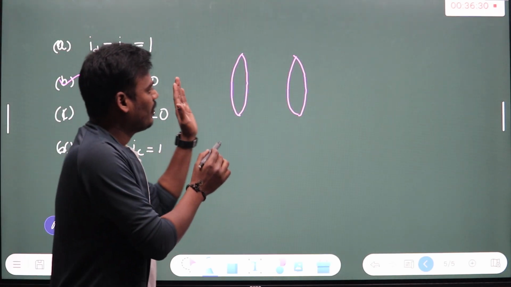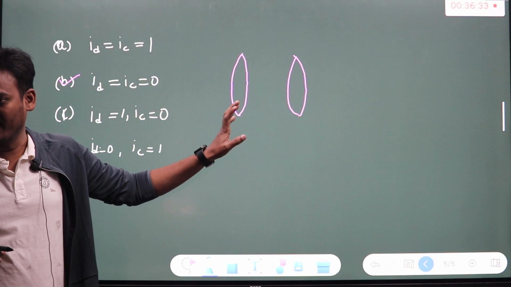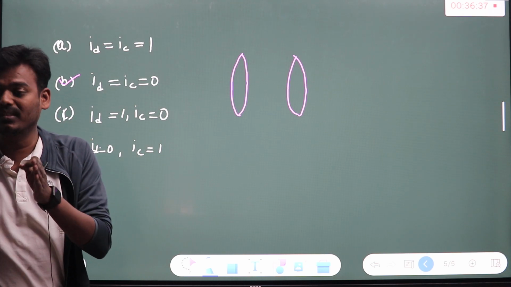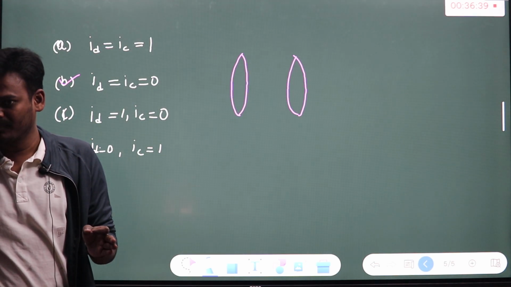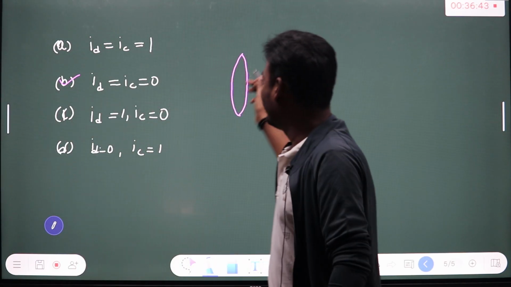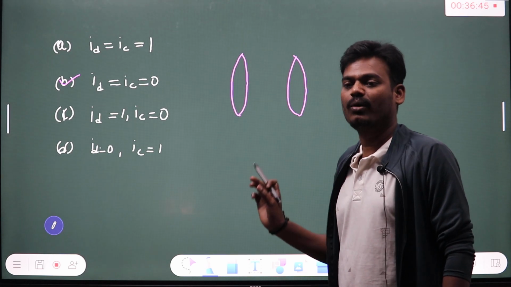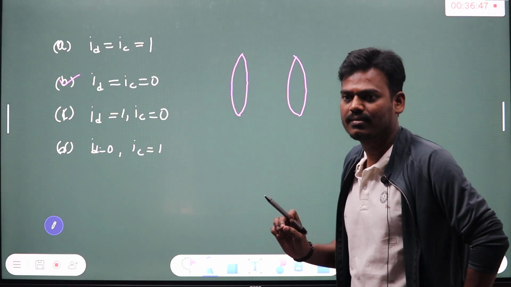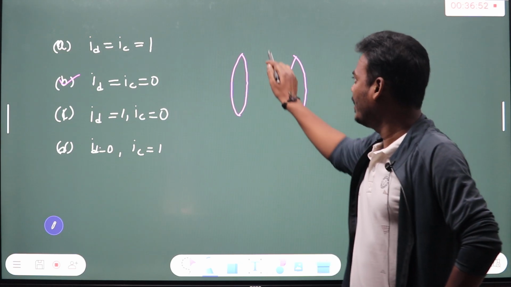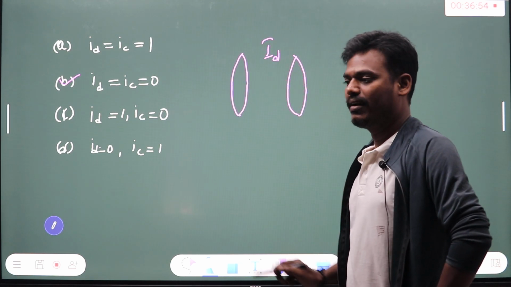If you want a displacement current, there should be an electric field, and that too a change in electric field. That change in electric field lines linked with the capacitor, generally we call it flux. What kind of flux? Electric flux. If it is changing, then only you can see displacement current.